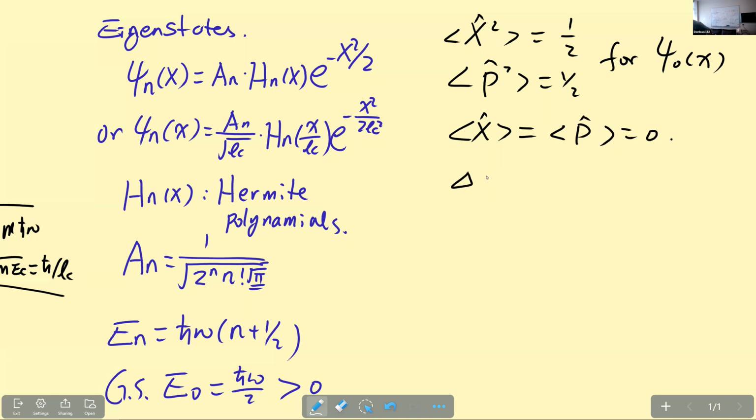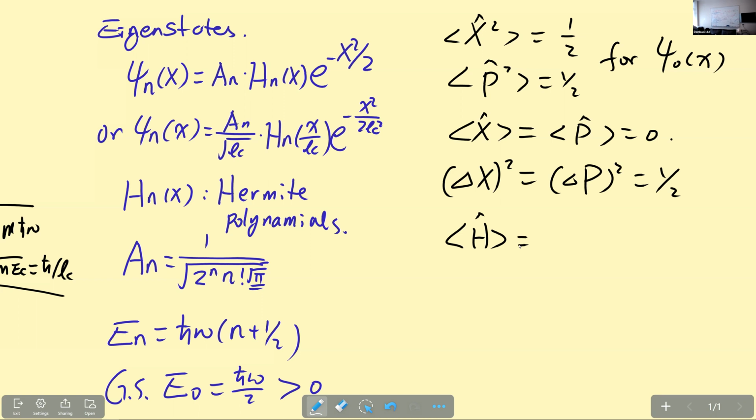So this means the variance of all of these, and you can see that it means the Hamiltonian, which is basically h bar omega, will equal h bar omega over 2.